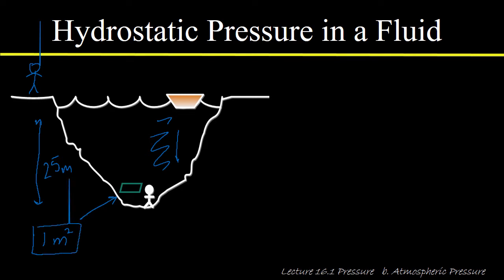Now, if we want to know how heavy the water is that's pushing down on that 1 square meter surface, we just have to calculate the weight of all of the water above it. So we can draw a kind of rectangular prism. That's not a very good drawing, but there we go, that's a little bit better.